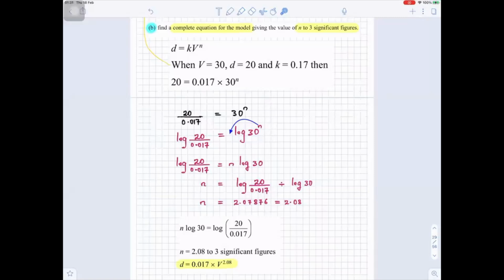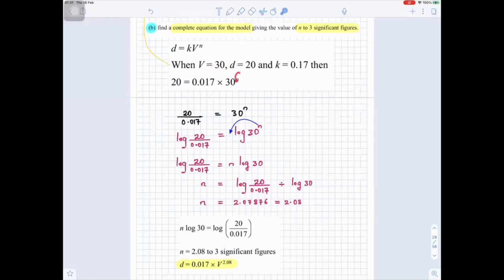Find a complete equation for the model, giving the value of n to 3 significant figures. So we want d = kv^n, but v is 30 and d is 20, and we get that from the first graph, and we got k from above, which is 0.017. So we sub in those values: d is 20, k is 0.017, and v is 30 to the power n.